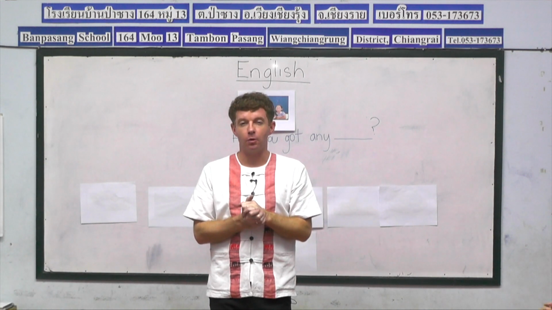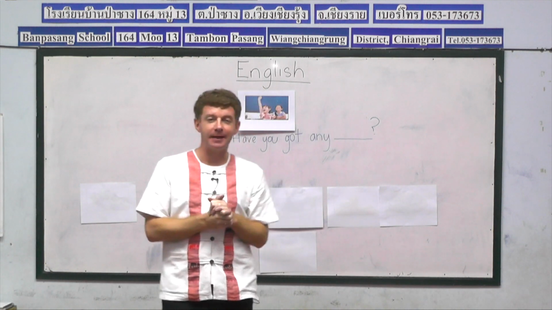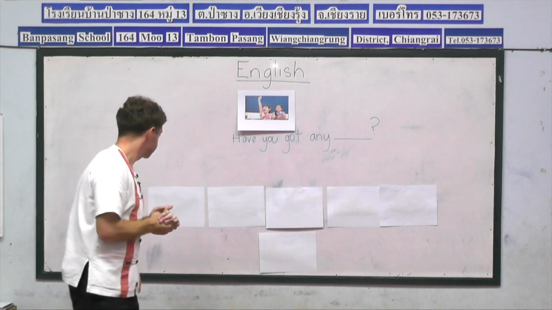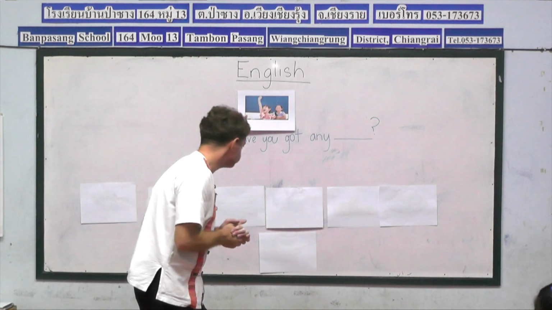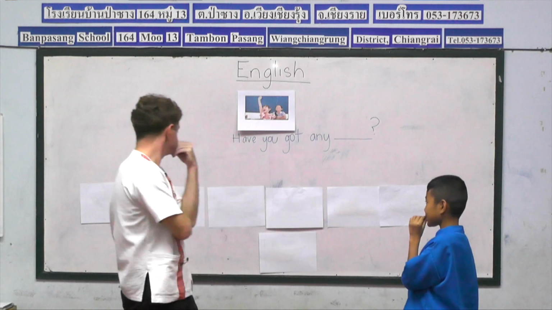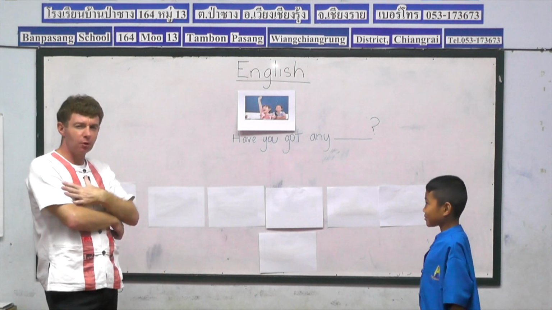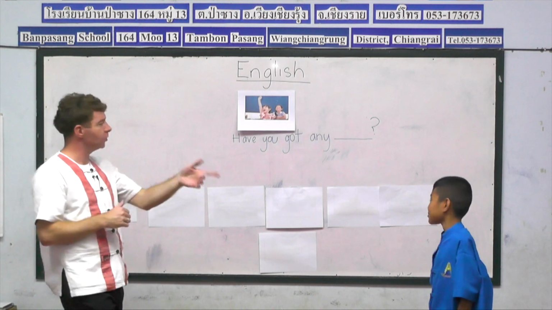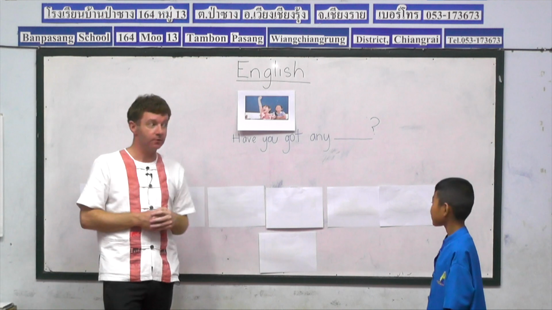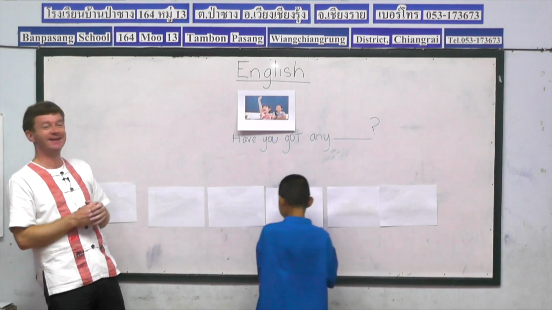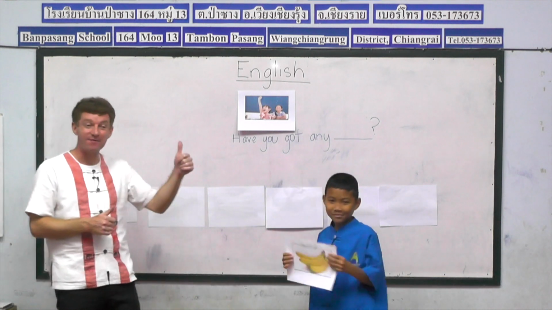Now let's see who can go next. Bangpon, come and join me at the front of class. Okay. Let's see if Bangpon remembers. I'm still hungry. Bangpon, have you got any bananas? Okay, we've got the correct picture.